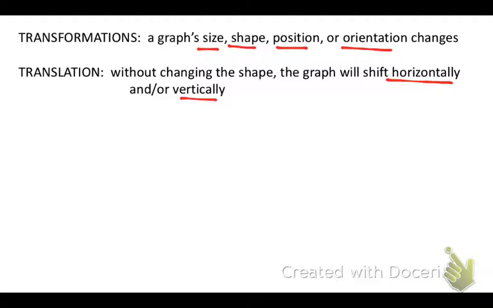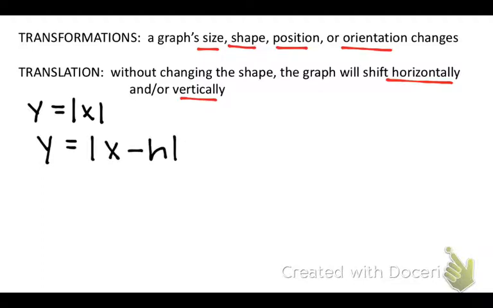So we started off with a parent function, which was y = |x|. So now we're going to expand on that. We're going to say, what if we have y = |x - h| + k?